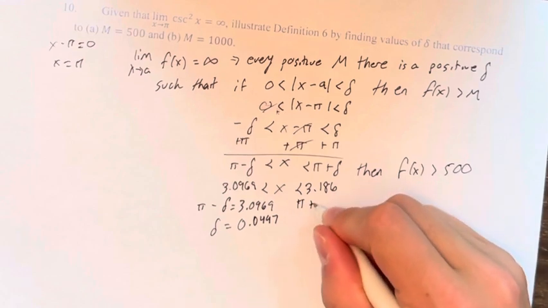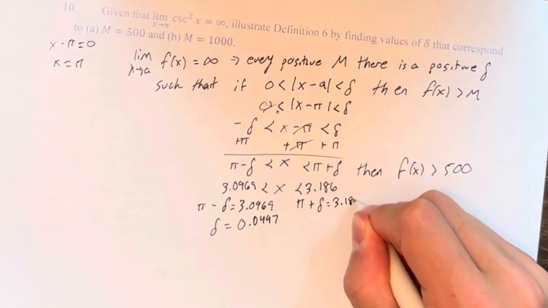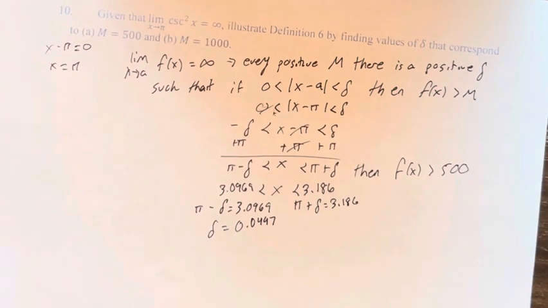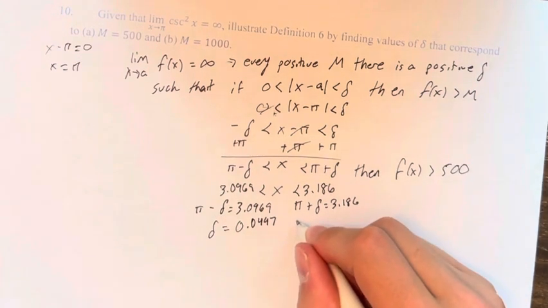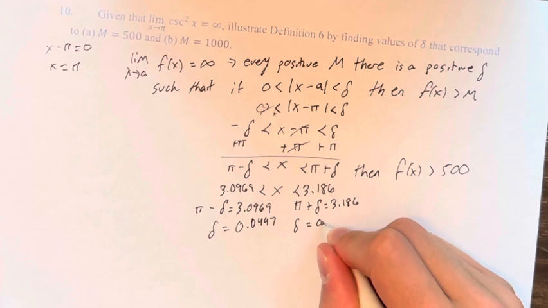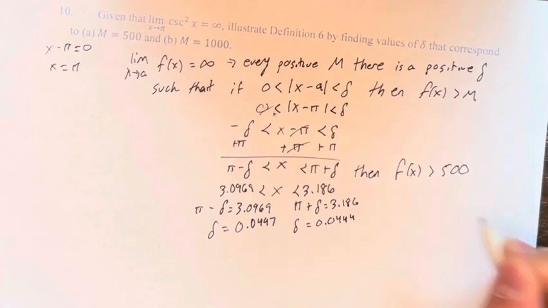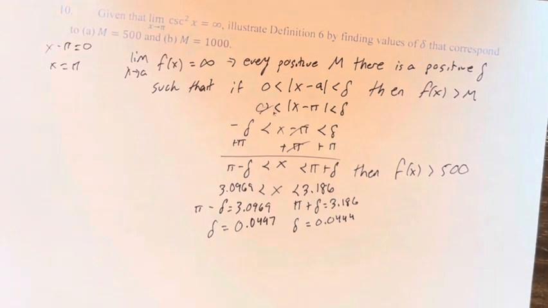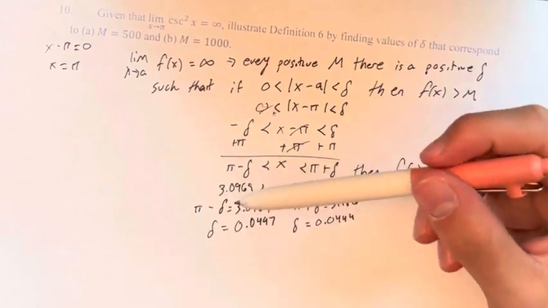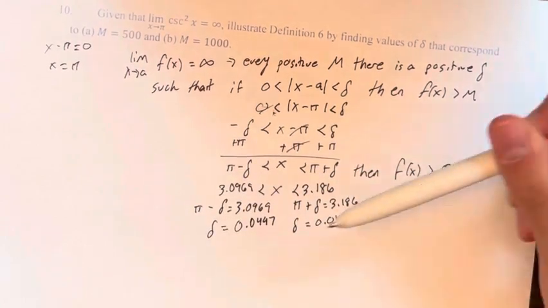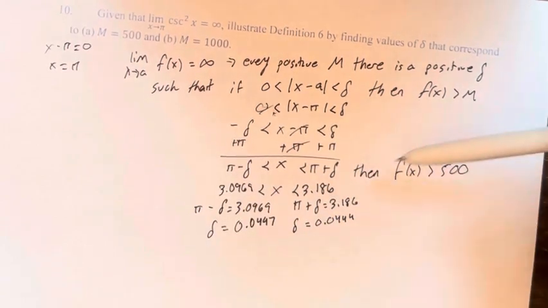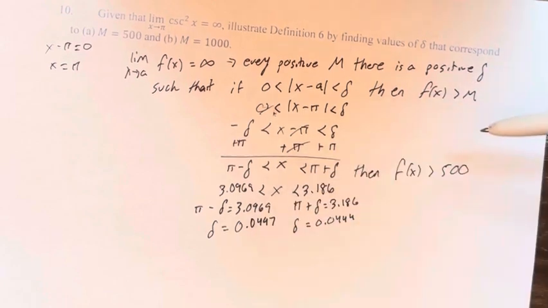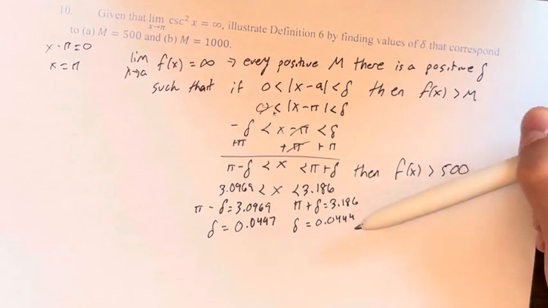And if pi plus delta equals 3.186, then delta equals 0.0444. So we're basically saying that if you go in one direction, you'll drop below 500 if you go this far, and if you go in the other direction, it'll take this far.